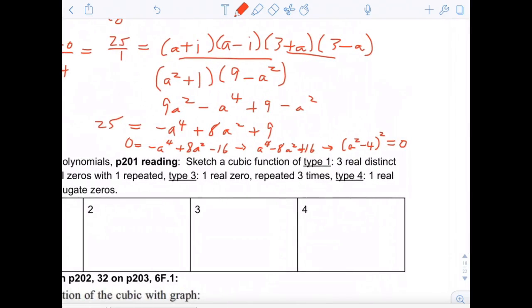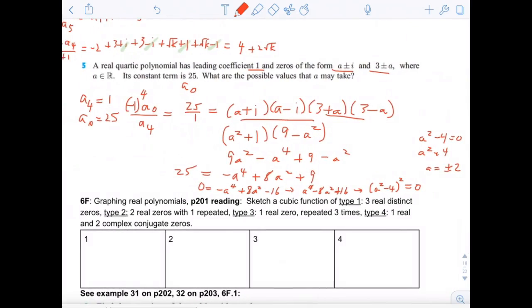So a squared minus 4 is equal to 0. So a squared is equal to 4. So a could equal plus or minus 2. Is that all they wanted to know? What are the possibilities of a? Yeah, I guess that's it.